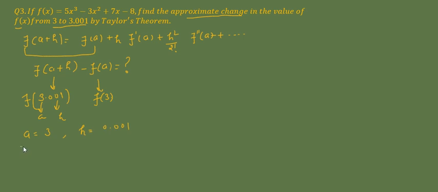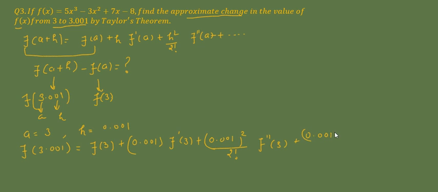So write Taylor's theorem: f of 3.001 is f of a, that is f of 3, plus h times, 0.001 is h, the first derivative at 3, plus 0.001 square divided by 2 factorial, the double derivative at 3, and 0.001 cube by 3 factorial, the third derivative at 3.